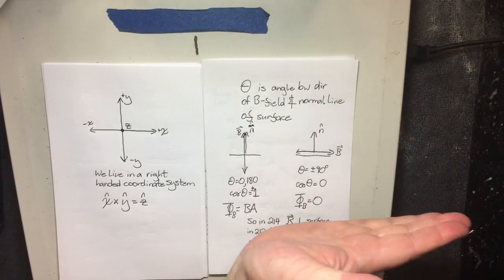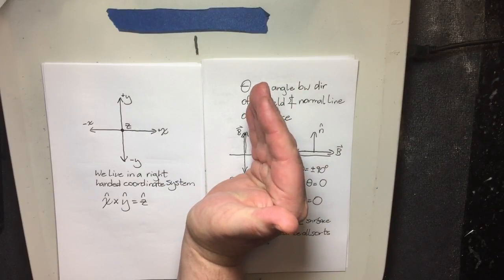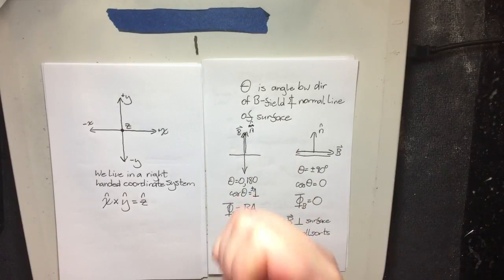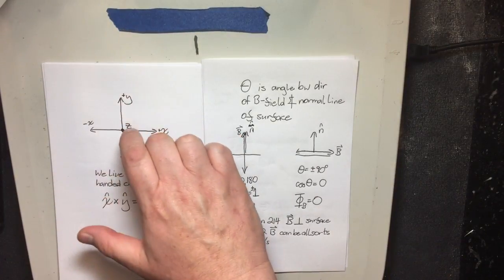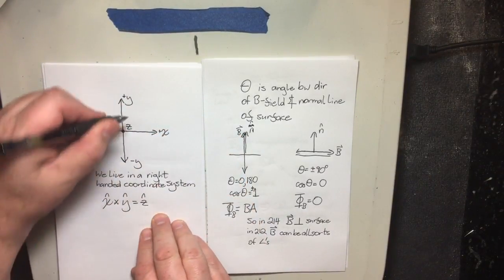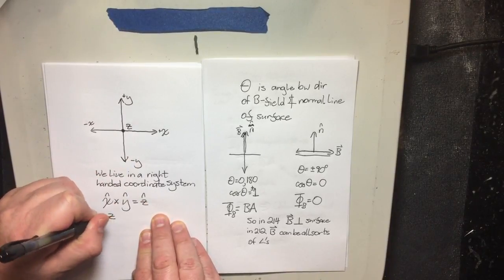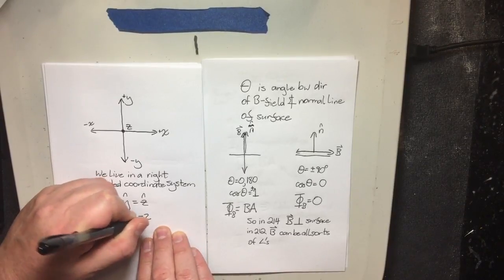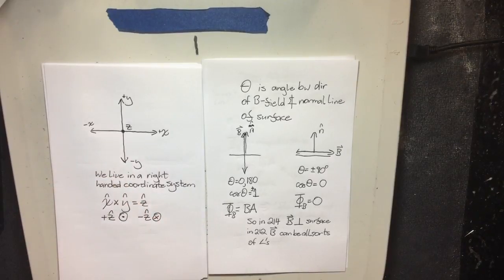So x to the right, y up the page, thumb points out. So x cross y will give you z. Z is outward. Positive x, positive y gives you positive z. So positive z is the outward symbol, negative z is the inward symbol.